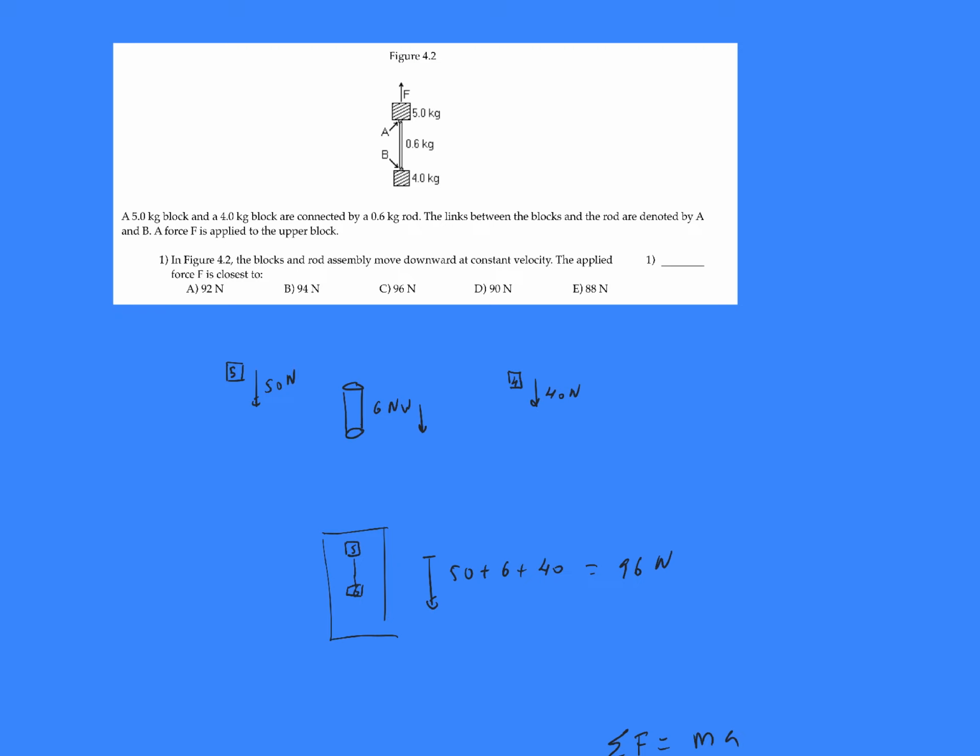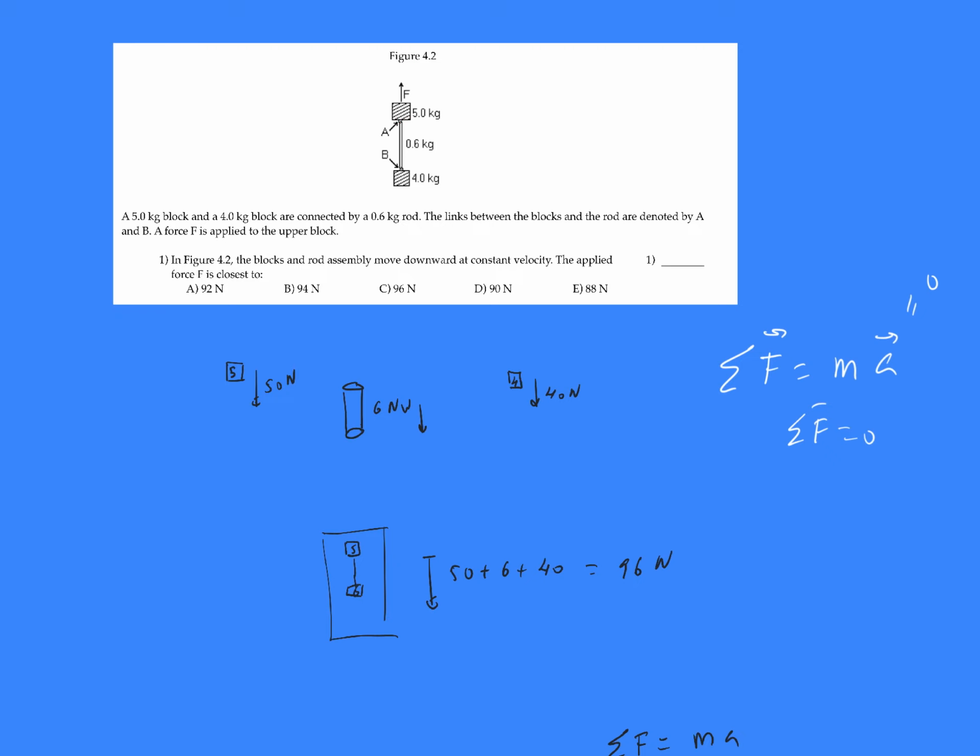Moving downwards with constant velocity means that the acceleration is 0. And what Newton's law says is that the sum of all the forces equals the mass times the acceleration. So if there is 0 acceleration, the sum of all the forces should be 0. So what are the forces acting on these 3 pieces?